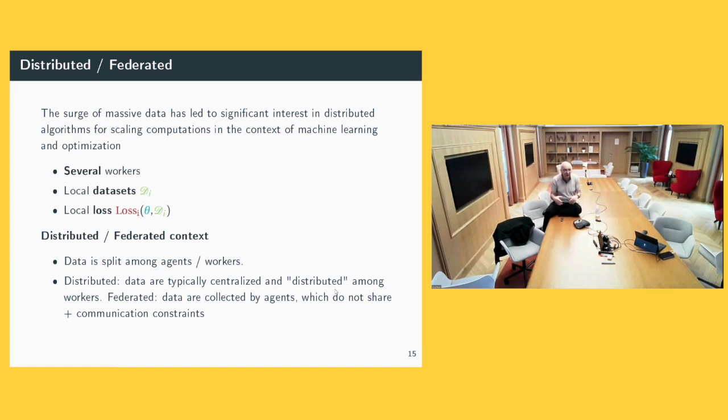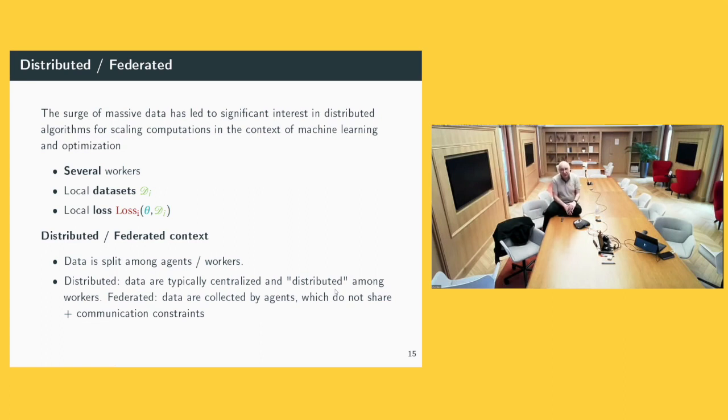In distributed, data are typically centralized, and then a central authority distributes the data among the workers, making sure that the distribution of the data in the workers is more or less the same. But in federated, the data themselves are collected by agents, and this data remains local to agents, so nobody accesses the data except each given agent.